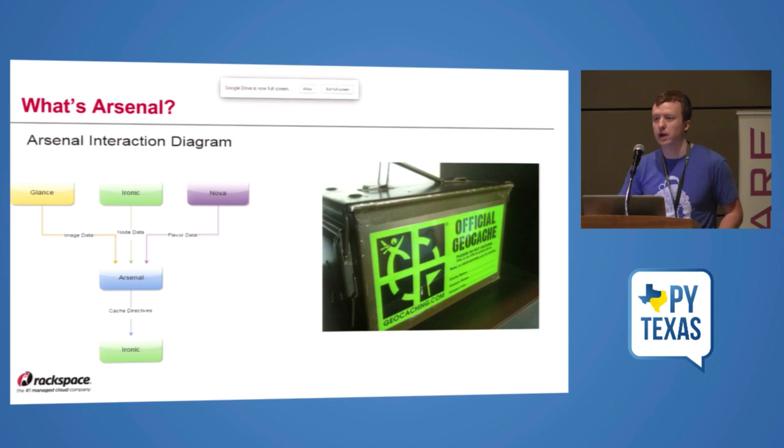So to talk a little bit about how it does it, it will go to Glance and download the operating system to the machine before a customer actually gets it. And when a customer actually requests a machine, the Nova scheduler will see, oh, this machine has an operating system image cached, and then it will provision that machine for the customer, and they'll get their node a lot faster.